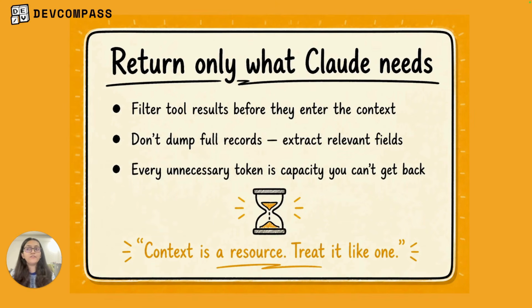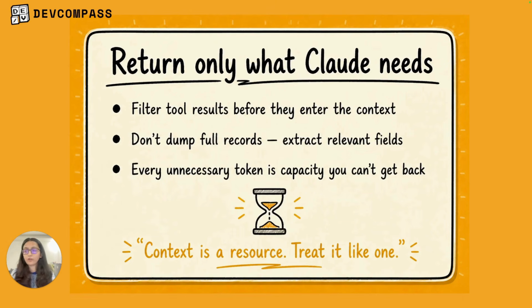Third, every unnecessary token is capacity that you can't get back. This is the constraint. The context window doesn't reset mid-conversation. Every token you put in stays until the conversation ends, or you explicitly manage it. Bloated tool results are tokens you can't use for something else.